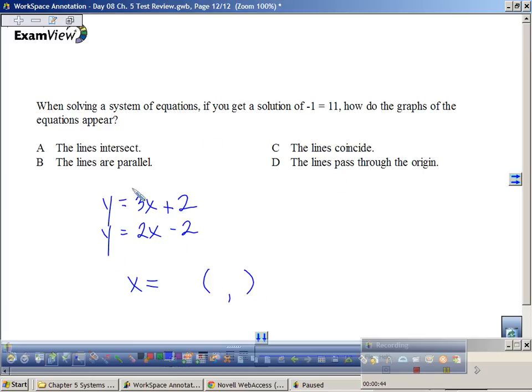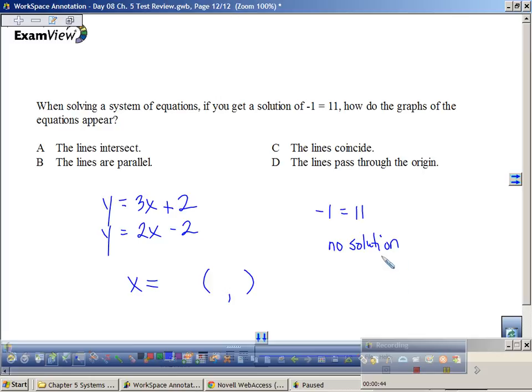Well, what if during that process I get -1 equals 11? I don't get x equals, I don't get y equals, I get this. It never exists, right? Does -1 ever equal 11? No. So we just found out that there is no way that these two things have anything in common, therefore, this is no solution.